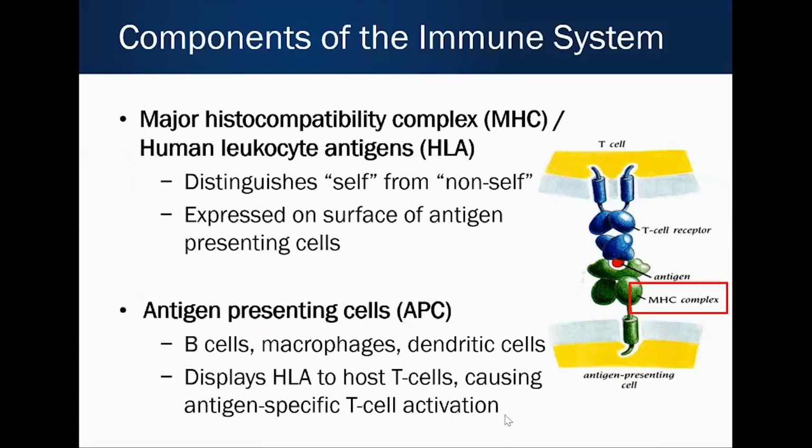So in humans, we have the human leukocyte antigen, or HLA. These are expressed on the surface of antigen-presenting cells. And the antigen-presenting cells that these can be expressed on could be B cells, macrophages, dendritic cells. And their job is really to display the HLA to the host T cells, which then will either cause or prevent T cell activation.